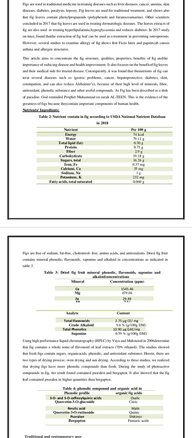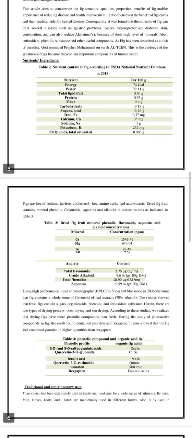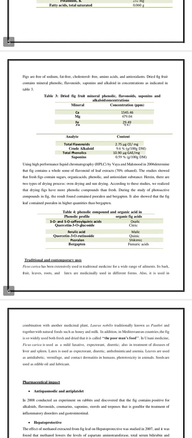The nutrients per 100 gram of the fig: energy 74 kilocalories, water 79.1 gram, total lipid 0.30 gram, protein 0.75, fiber 2.9, carbohydrate 19.18, sugar 16.26, iron 0.3 milligram, calcium 35 milligram, sodium 1 milligram, potassium 232 milligram, and fatty acid total saturated 0.060 gram. Figs are free of sodium, fat-free, cholesterol-free, and contain amino acids and antioxidants.